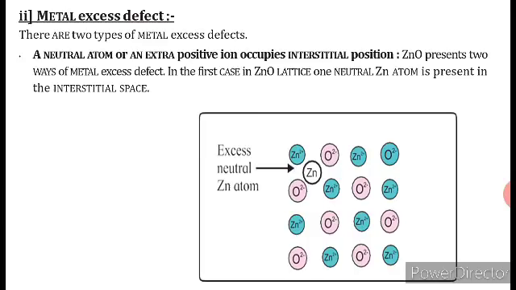The second one is the defect generated due to the presence of an extra positive ion. Now suppose I am heating this zinc oxide crystal. Zinc oxide decomposes into Zn2+ ion, half O2, and 2 electrons are released.